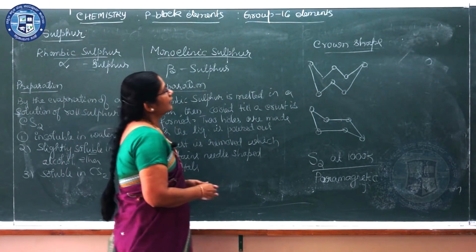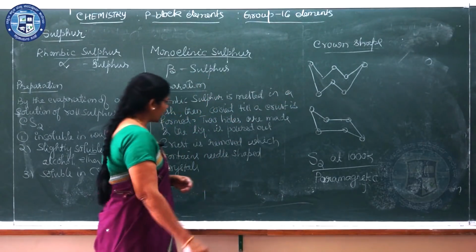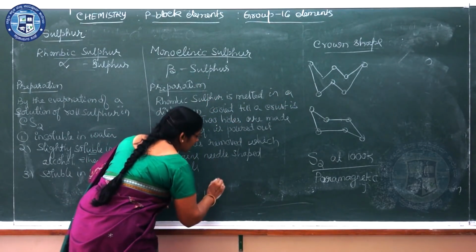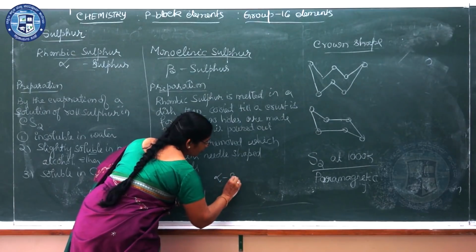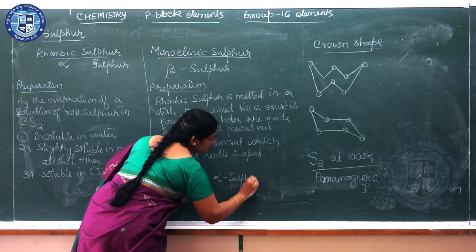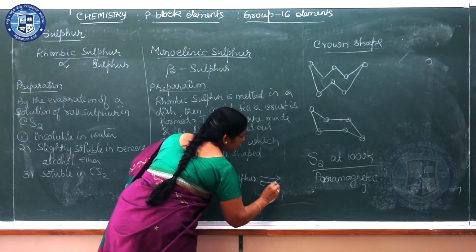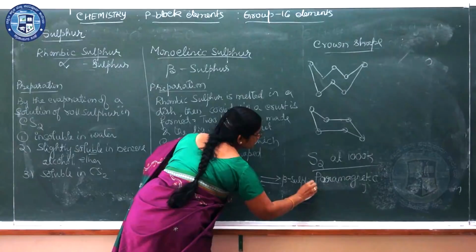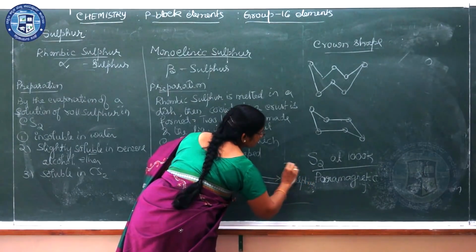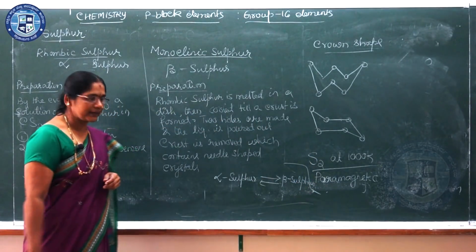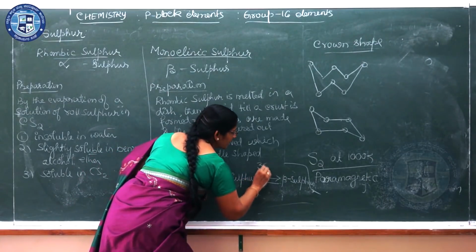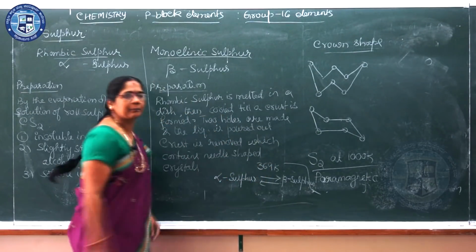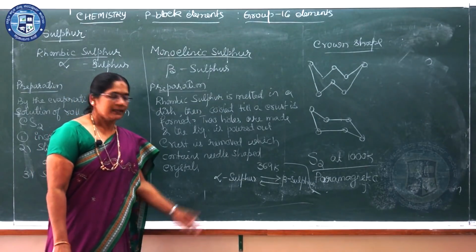Now before going to the shape, I want to tell you one more thing. This alpha sulfur and beta sulfur are interconvertible. 369 Kelvin is the temperature. So what does it mean?